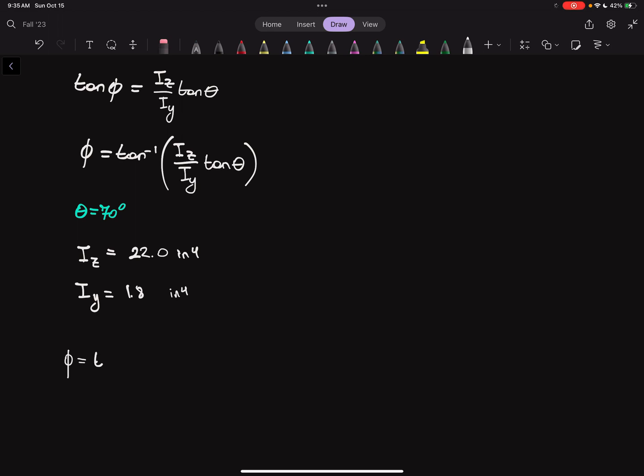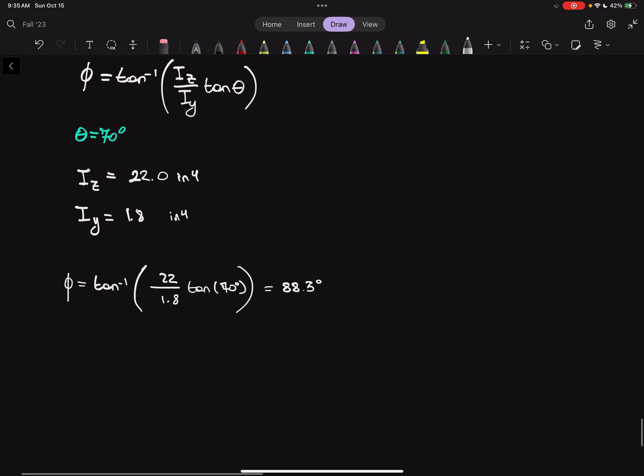So phi is equal to the tangent inverse of 22 over 1.8 times the tangent of 70 degrees. Make sure that your calculator is in degrees. Then we do the tangent inverse of 22 divided by 1.8 times the tangent of 70 degrees, which is 88.3 degrees.